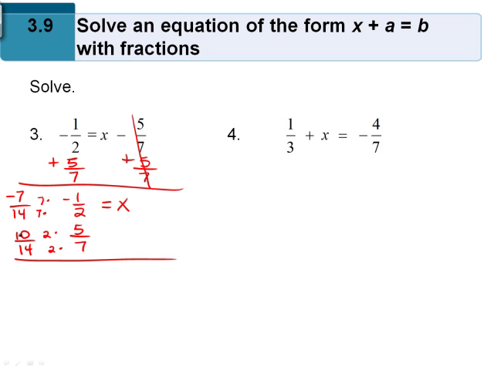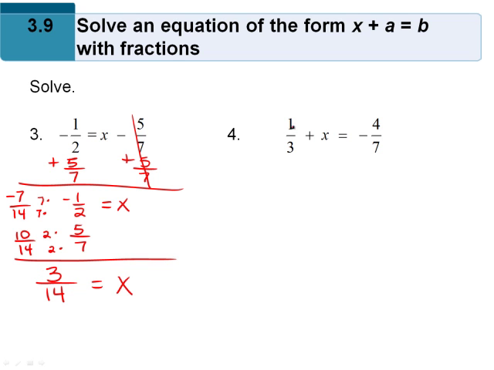Now look at your numerators: negative 7 and positive 10. The signs are different, so I subtract and keep the bigger sign. I get 3/14, and the x comes down. There's our answer. You just have to be careful, because the worst part of this is getting the common denominators and equivalent fractions. Just take your time.